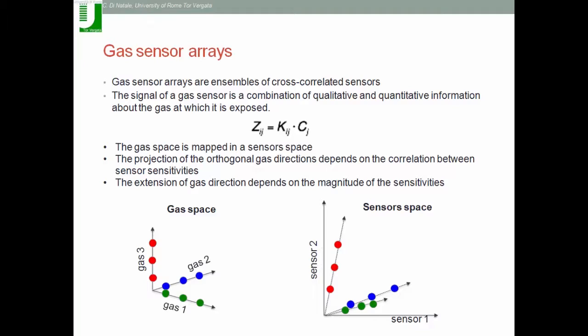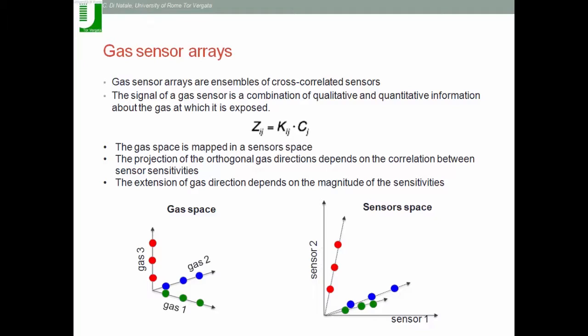This is quite straightforward, but in some cases not considered, because this means that we may have a very large sensitivity for one compound, or a very small sensitivity for another compound, but if the compound for which the sensitivity is little appears at a very large concentration, we may have a large signal.